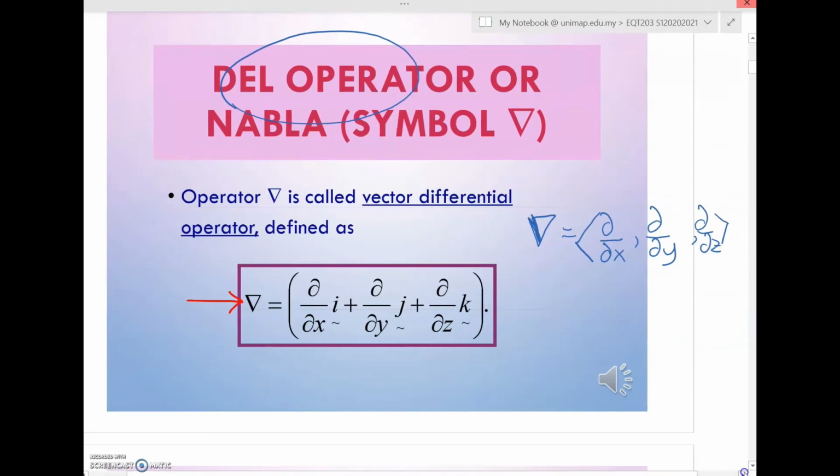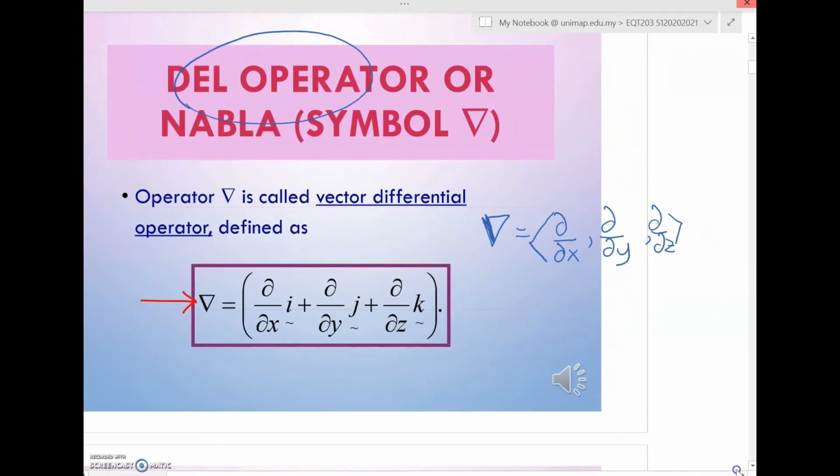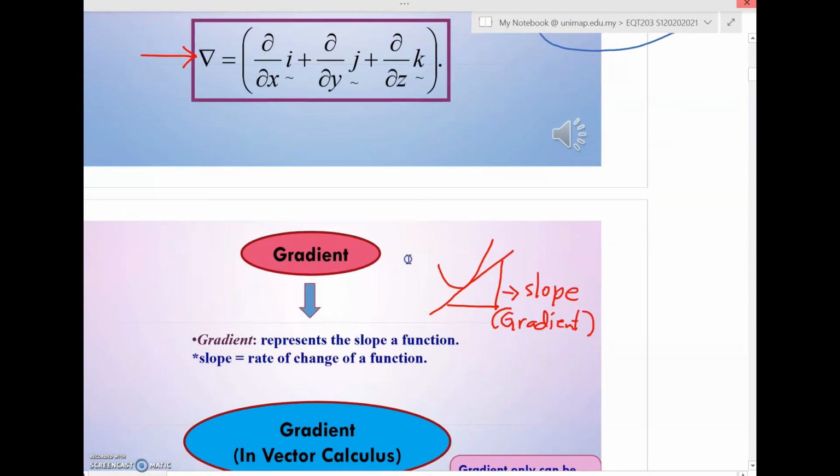So that is the del operator. When a del operator operates on a scalar field, you will get a gradient.